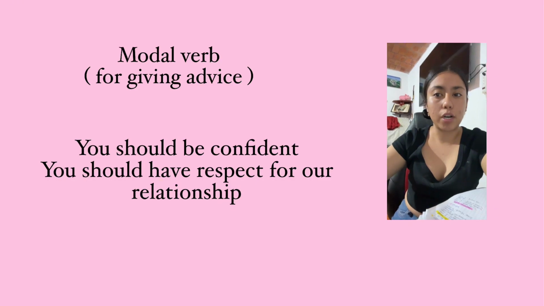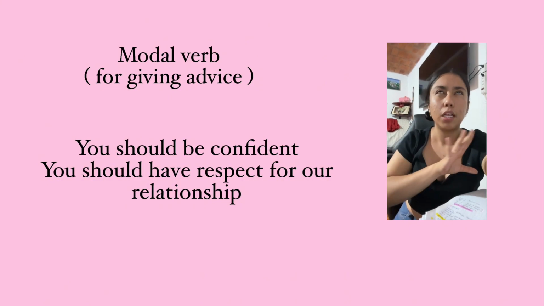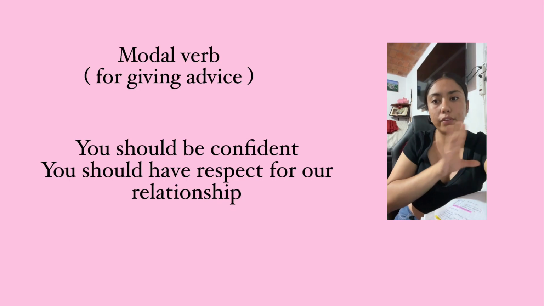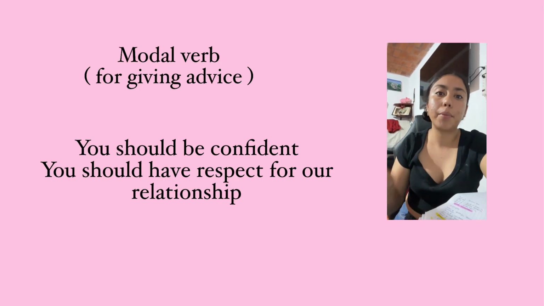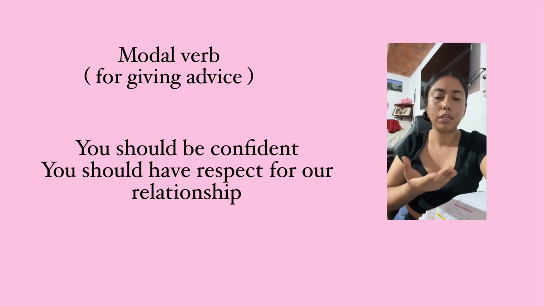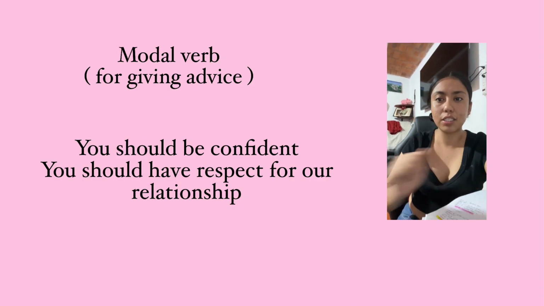You, the pronoun, should the auxiliary, have the main verb, respect. The other completes the phrase: for a preposition, our a possessive adjective, relationship a noun. For our relationship is a prepositional phrase.